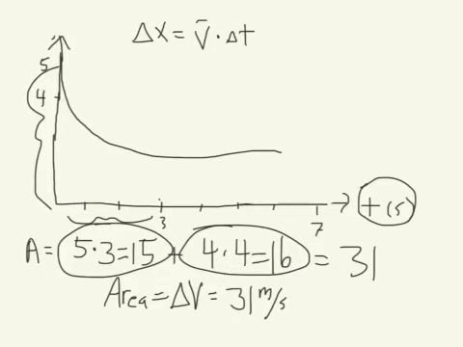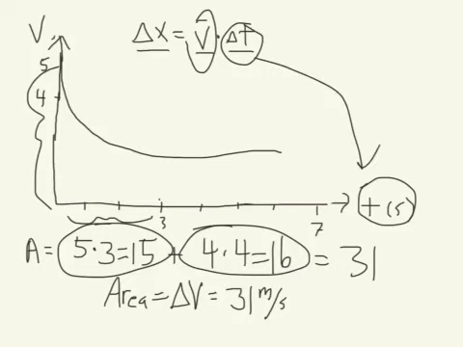So here we've got another situation where we have an unknown variable equals one thing times another thing. And the one thing is going to go on the y-axis, and the other thing is going to go on the x-axis.